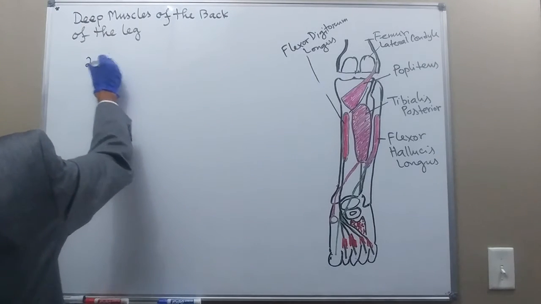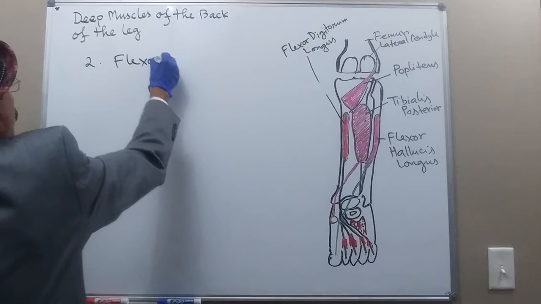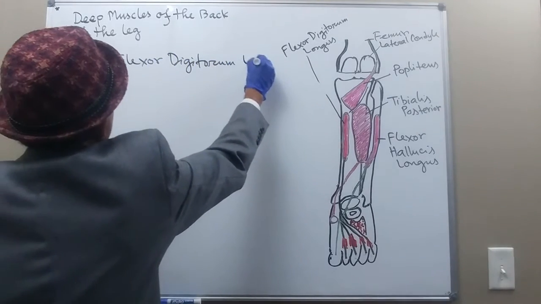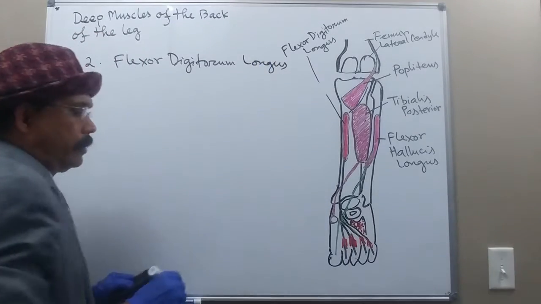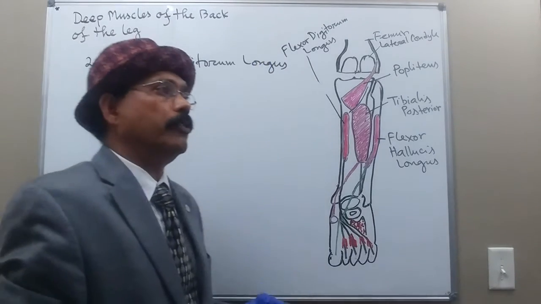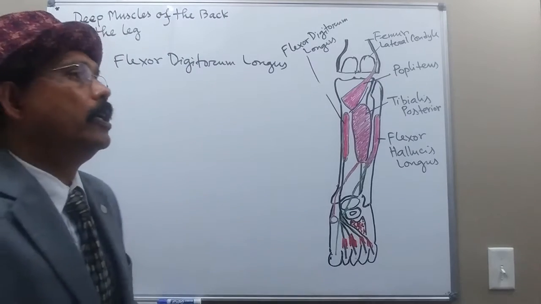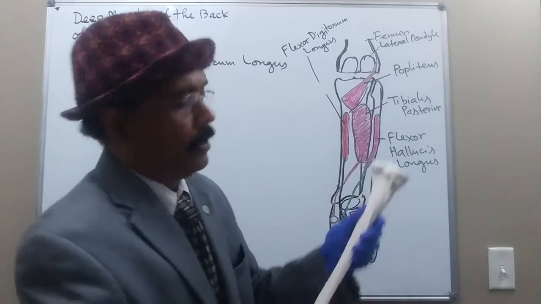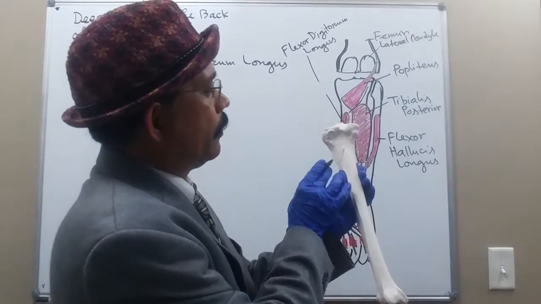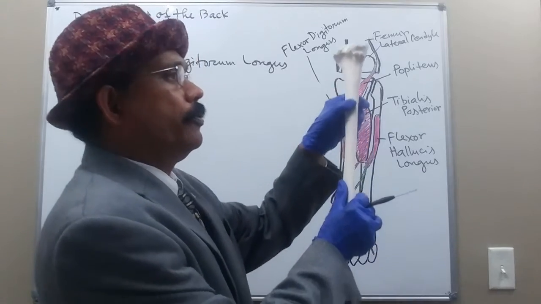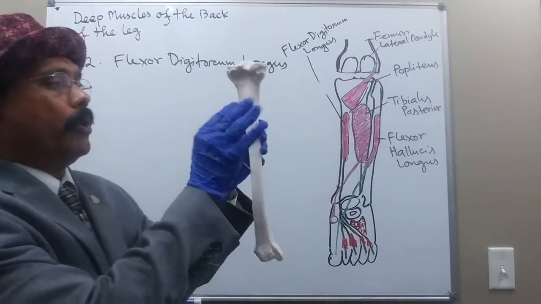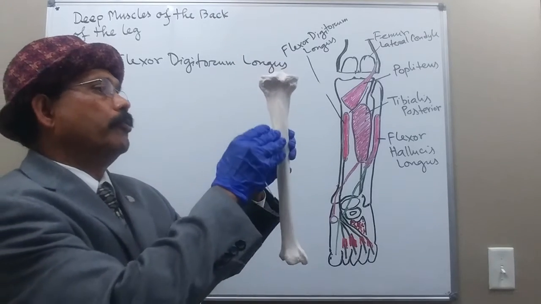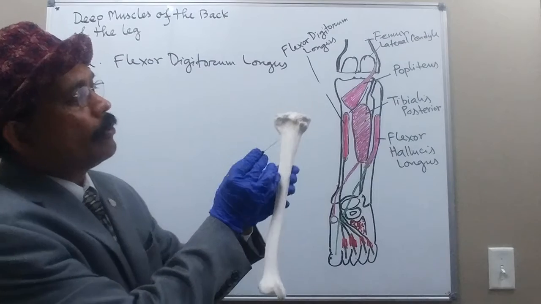Okay, so Flexor Digitorum Longus takes origin from the upper 2/3 of the medial part of the tibia, on the posterior aspect of the tibia below the soleal line.